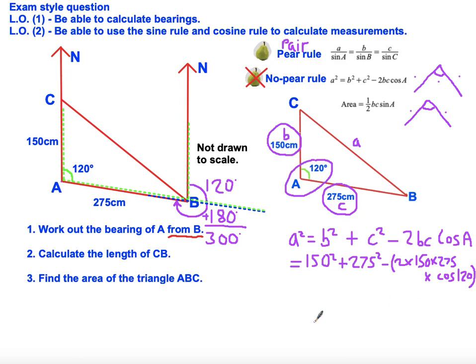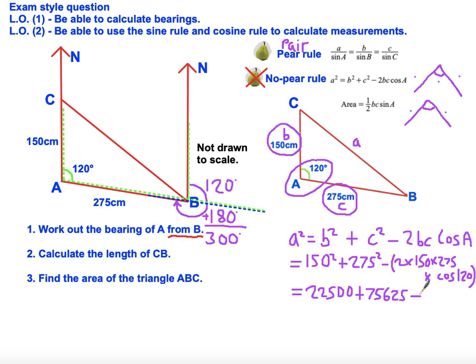So now this is where I go to my calculator and work this out very carefully. I would recommend that you calculate it twice just to be sure that you've got the right answer. So 150 squared is 22,500. 275 squared is 75,625.